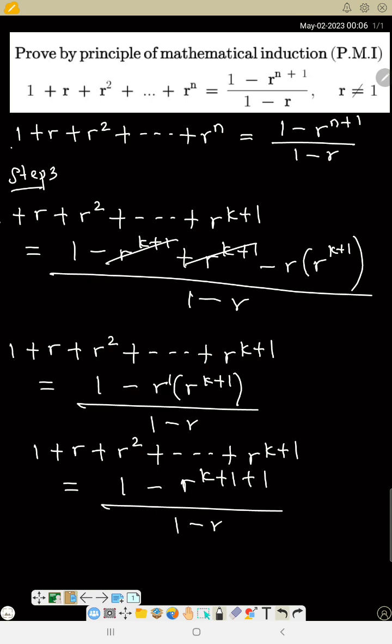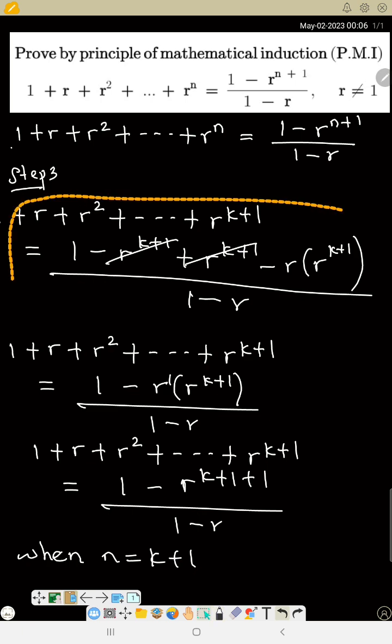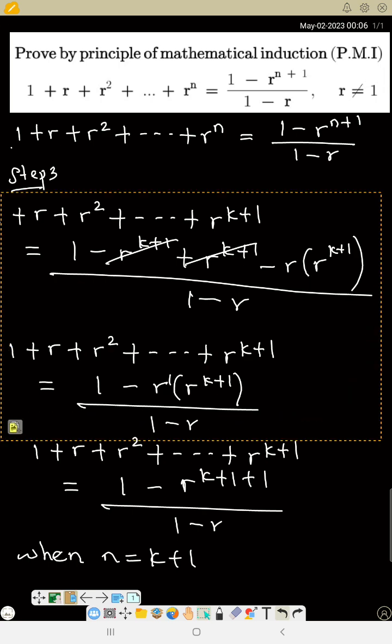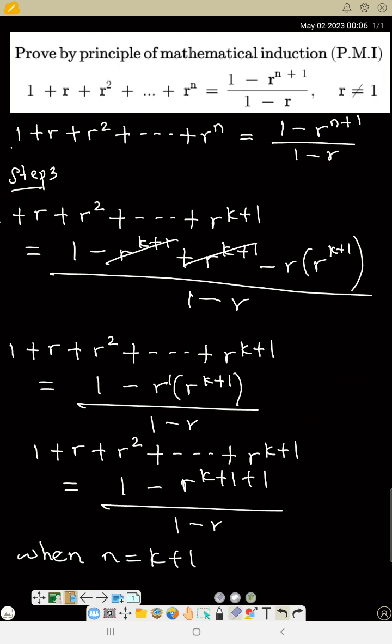So like this. So from here we already know that n is equal to k plus 1. So when n is k plus 1, then replace all the k plus 1 back with the n.